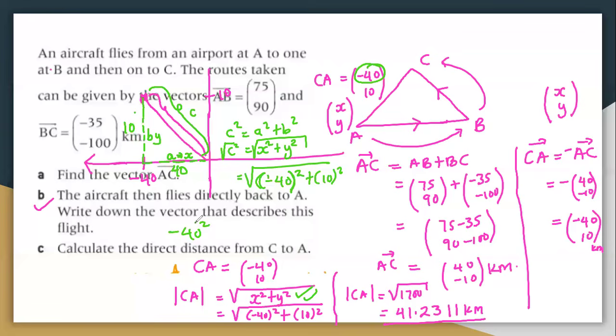So always put a bracket, or know mathematically that negative 40 squared means negative 40 times negative 40. So you'll end up getting 40 times 40, which is 1600. And then 10 squared is 100. That's how the gentleman came up with 1700. I don't know whether it is okay.